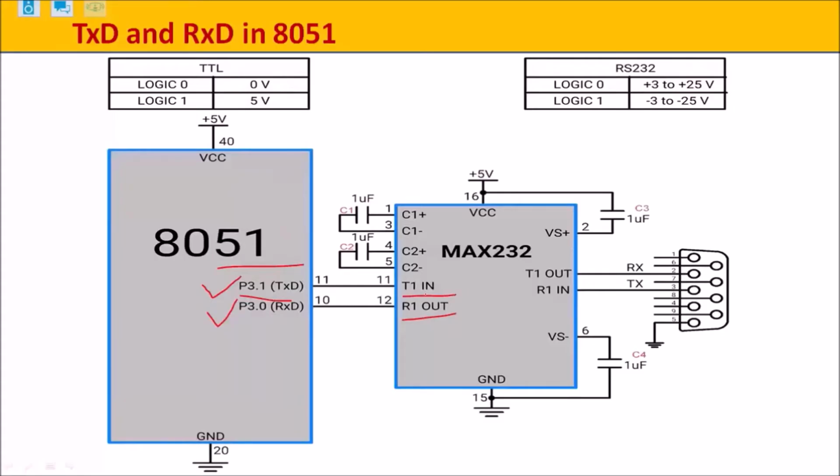Whatever data it receives at this T1 in, it will convert into an RS232 signal. That will be available on T1 out, which is connected to RxD, the receiver terminal of this RS232. And the other way also, it can receive data from RS232 and convert it into TTL. So this should be connected between the DB9 connector and the 8051.